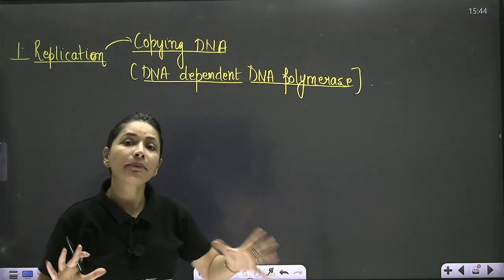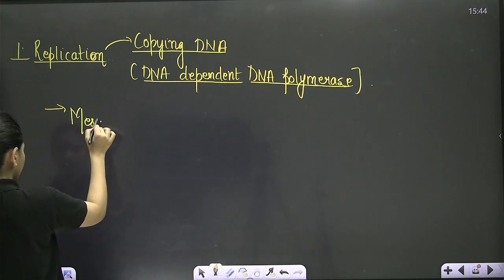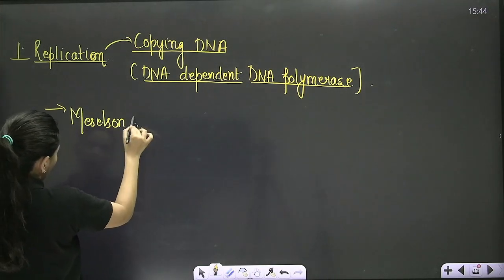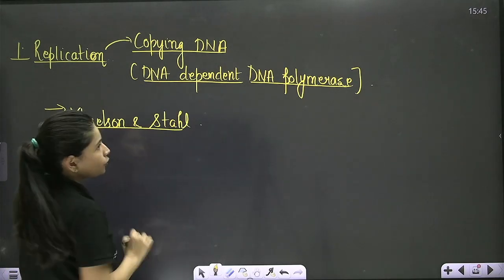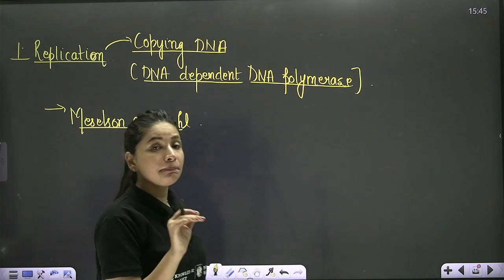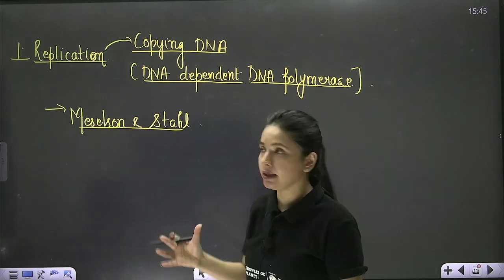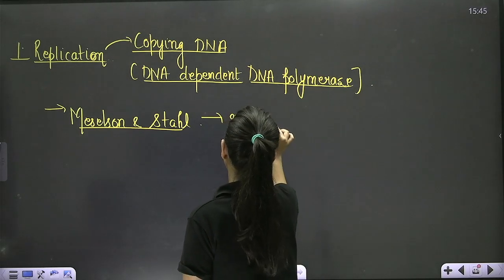It happens semi-conservatively. There were two people called Meselson and Stahl, right? These two people basically proved that DNA replicates semi-conservatively. Now I'll tell you what this means, but first write it.